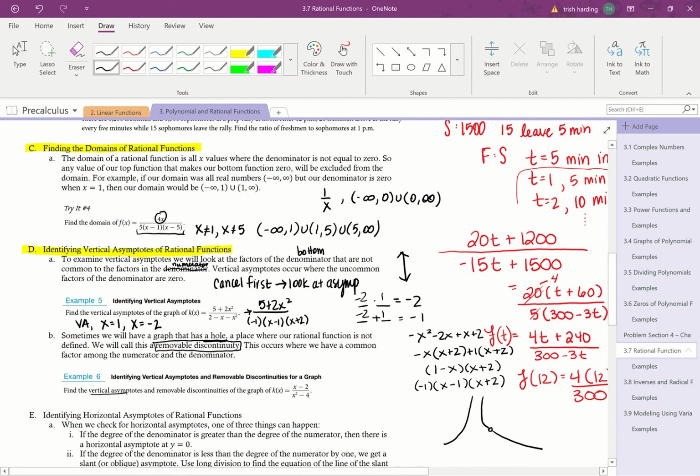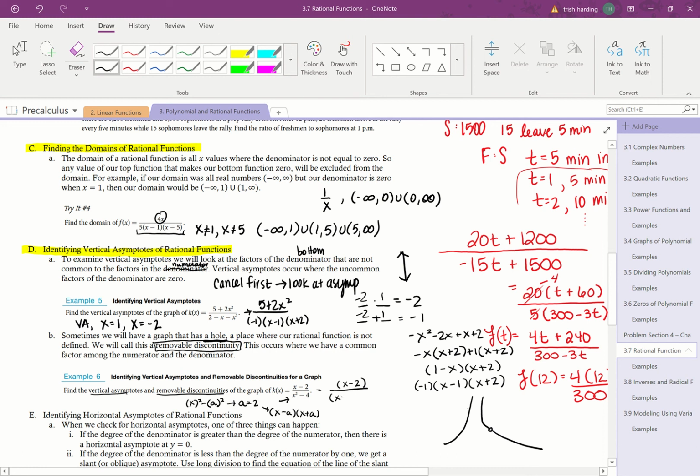So we're going to find the vertical asymptotes and removable discontinuities. So this one, obviously, I know is just going to be x minus 2. This has the form x squared minus some number squared. Well, a is equal to 2 here. So that gives us x minus a, x plus a.